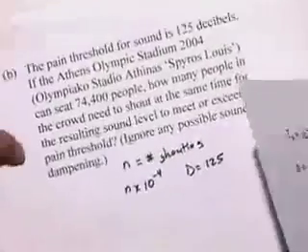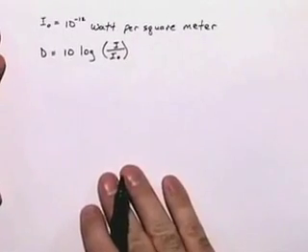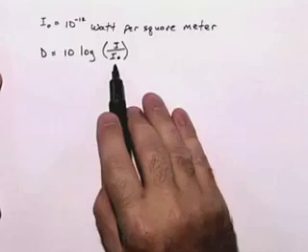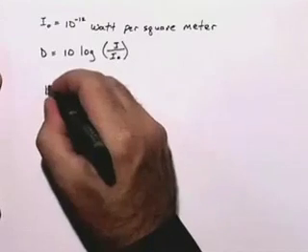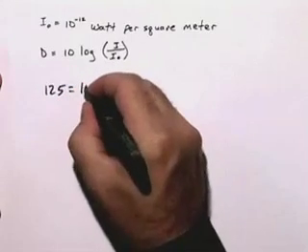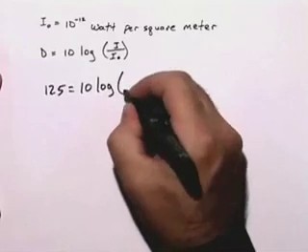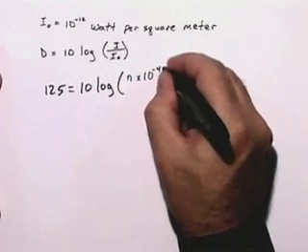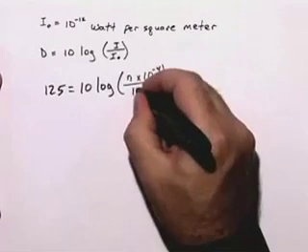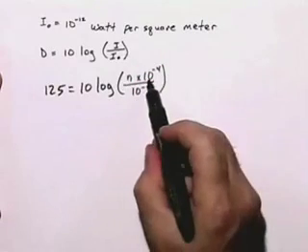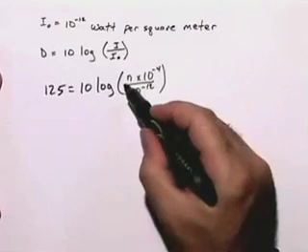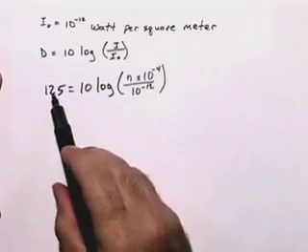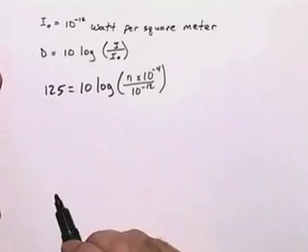If we go back to our equation for D, which was 10 log base 10 of I over I sub 0, we end up with 125 equals 10 times log base 10 of N times 10 to the negative 4th over 10 to the negative 12. Where N times 10 to the negative 4th was the intensity for N people shouting, 10 to the negative 12th was our constant, and we were letting the pain threshold be 125 decibels.